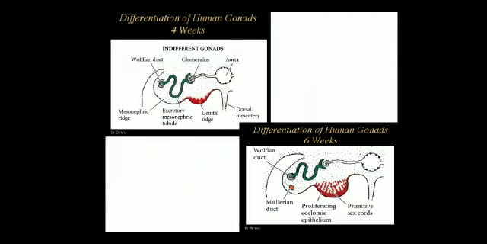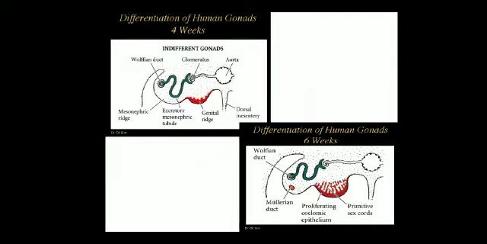On the Y chromosome, we have two genes, one for testicular differentiation and another for the formation of a substance called Mullerian duct inhibitory substance. The gene responsible for testicular differentiation is called the SRY gene, the sex determining gene of the Y chromosome, in short form called the SRY gene.